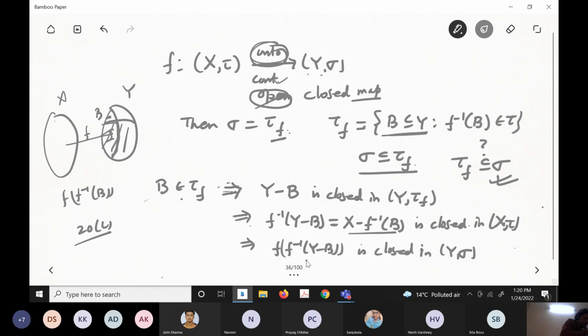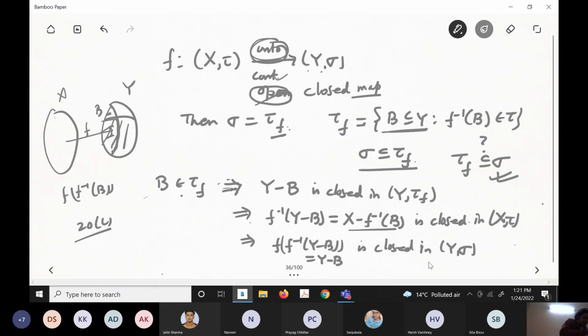But this is the same as, since F is onto, Y minus V is closed in (Y, sigma), so that V is open in (Y, sigma). So instead of open, you can take closed also. So what I have got, let me write down this result.